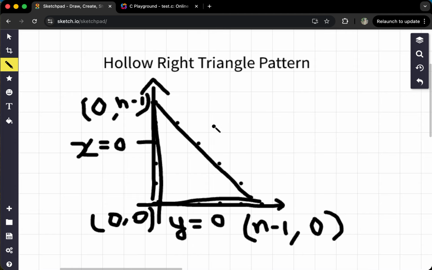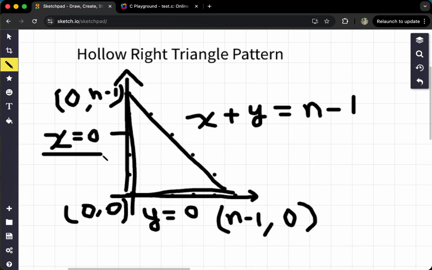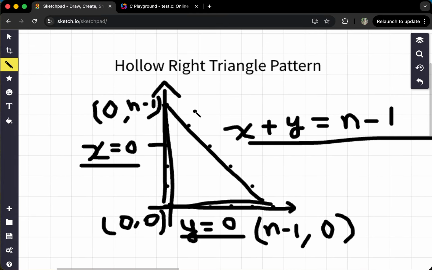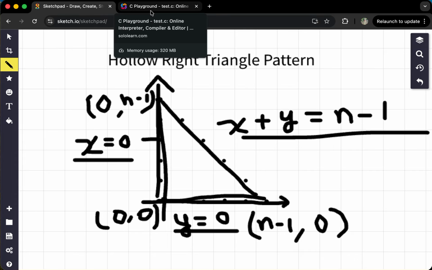So this line can be represented as x plus y equal to n minus 1. So these are the three line equations. So first one, second one, and third one. So using these three line equations, we can draw this triangle. So now let's go through the code and try to print this pattern.